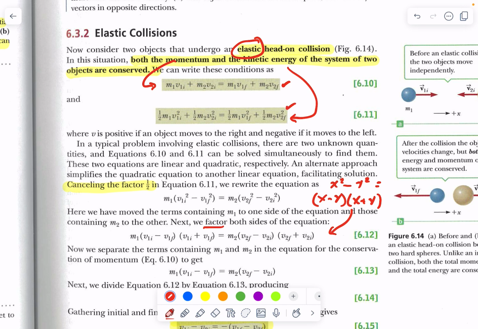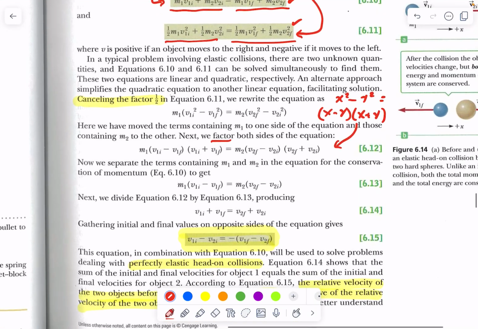So you have the momentum before equals the momentum after. The kinetic energy before equals the kinetic energy after. Now we have these 2 equations and we're going to put them together. Up here we can cancel out the halves, and then we can factor out the masses right here in this step.